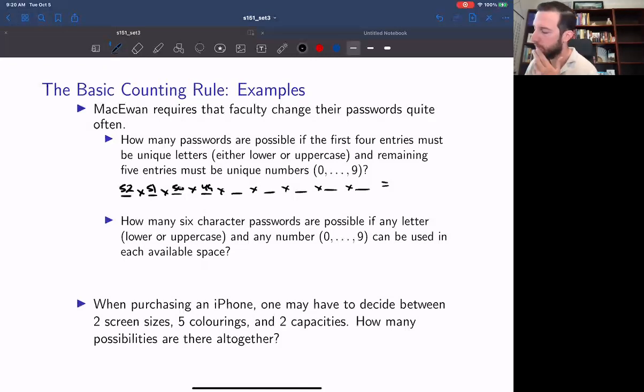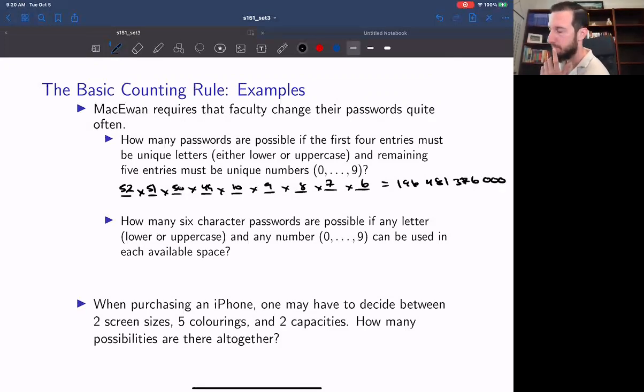For the numbers, we would have 10 options for the first number because we're including 0, 9, 8, 7, 6. Okay. So this gives us 481,376,000 different passwords under this particular combination.